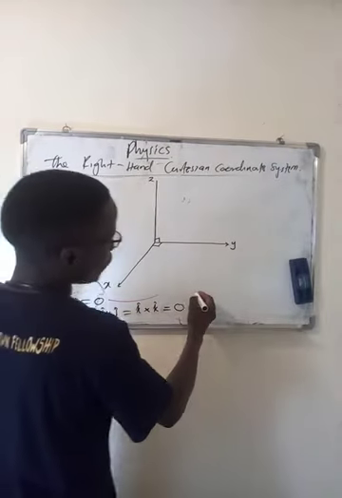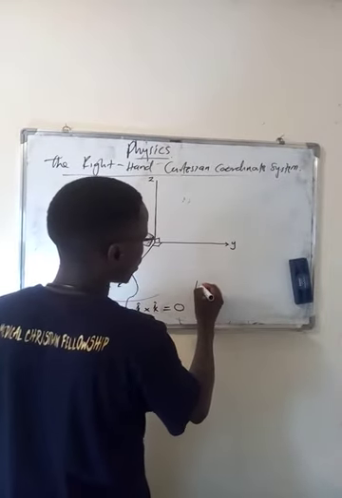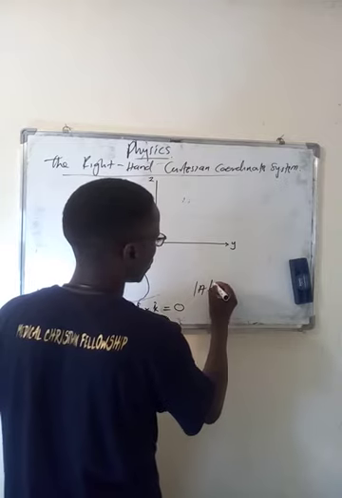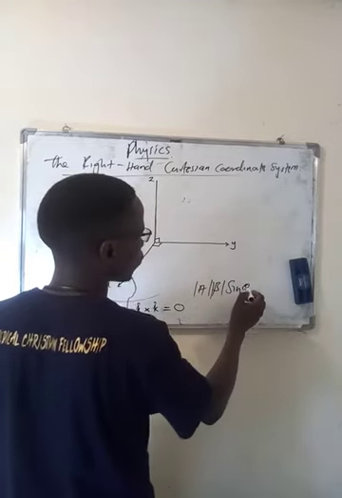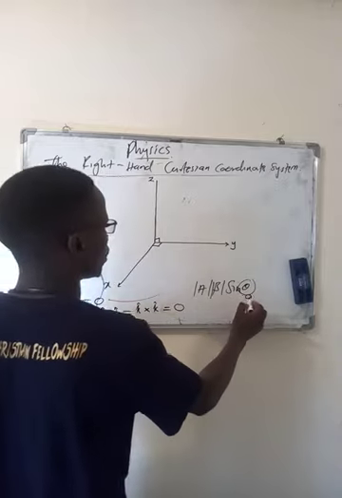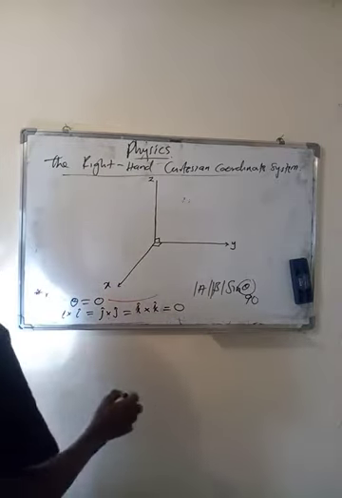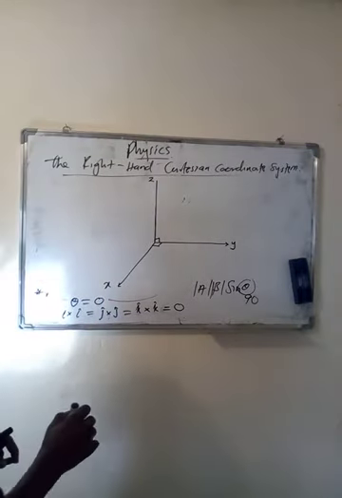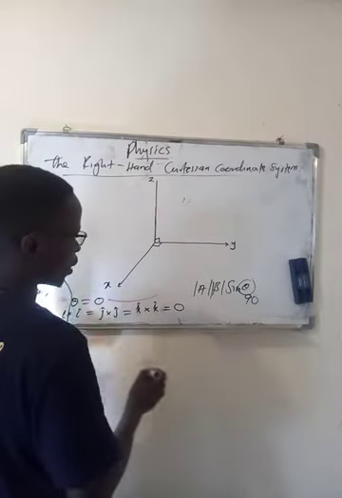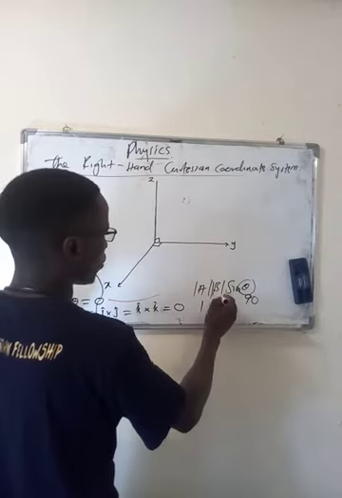Remember, if we are saying a multiplied by b, then sine theta, where theta we put a 90, it's going to give us a 1. And remember, these are unit vectors, so it's 1 multiplied by 1.